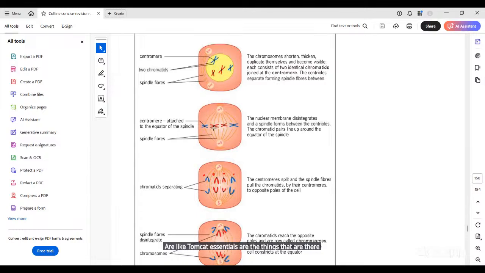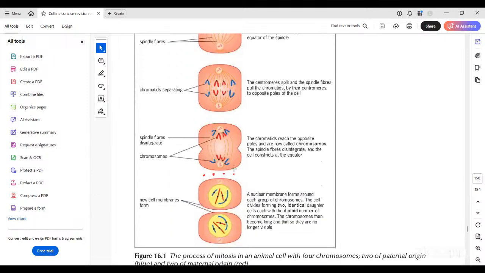The centriole forms the spindle fiber that is important to pull apart the chromatids in the third phase. So that is what the centromeres are.